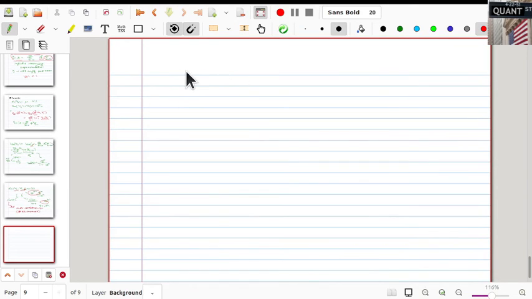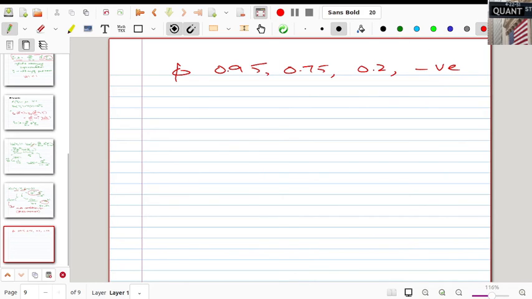So if we take different values of phi at 0.95, at 0.75, at 0.2, or maybe a negative value less than 0 and greater than -1, then these can be basically plotted as follows.